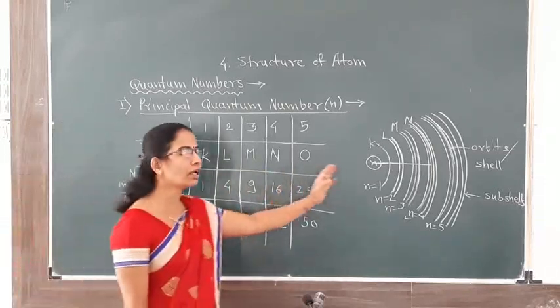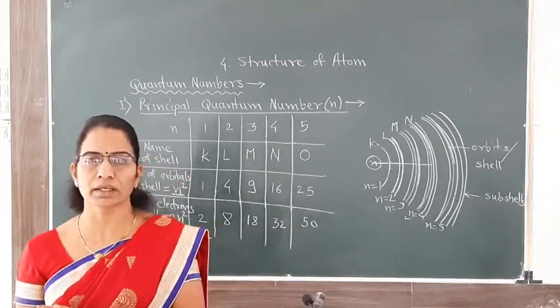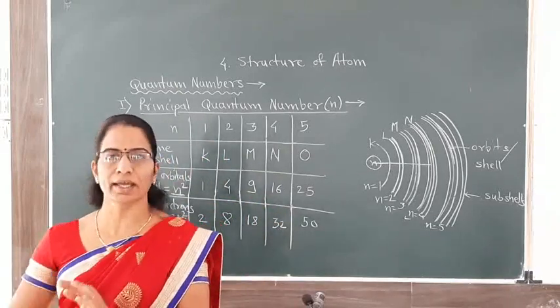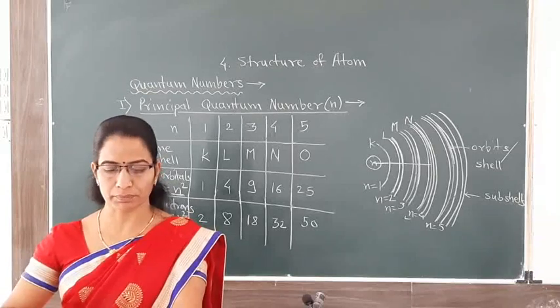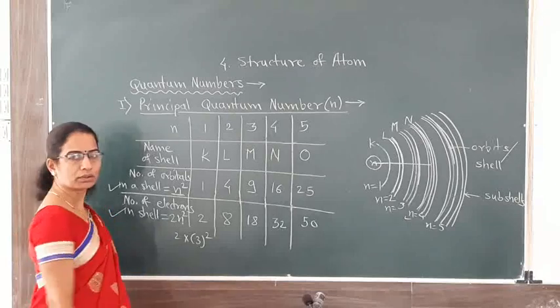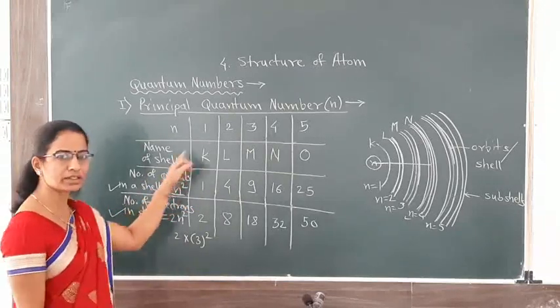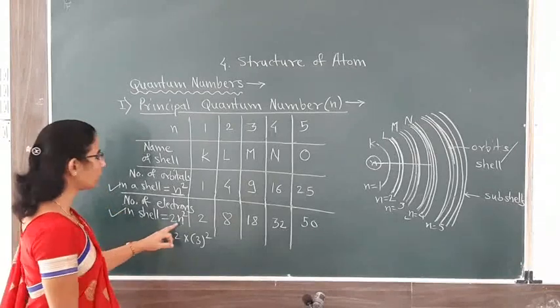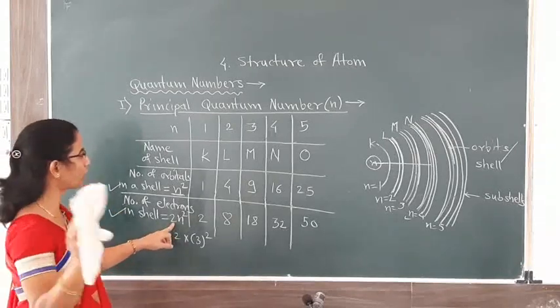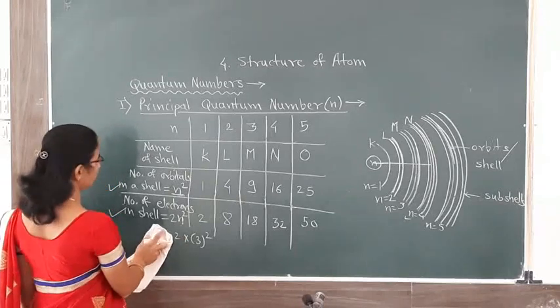In this manner you can find the number of electrons revolving in a particular shell with the help of this quantum number. So remember well these formulas, with the help of which you can find the number of orbitals present in a particular shell and also the number of electrons revolving around the nucleus in that shell.